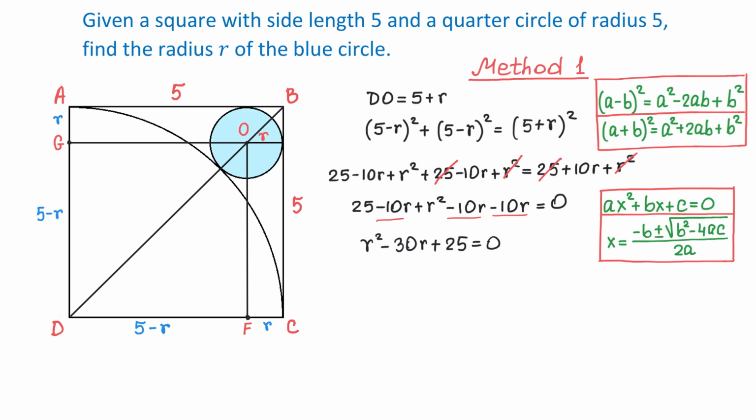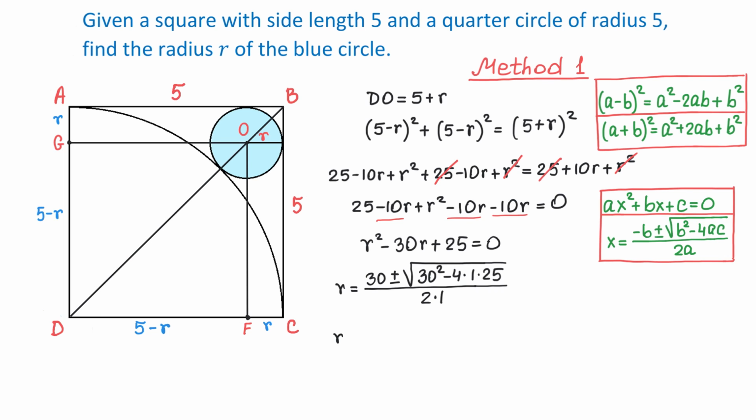Then according to this formula, r equals 30 plus or minus square root of 30 squared minus 4 times 1 times 25 all over 2 times 1. Inside the square root, 30 squared is 900, and 4 times 25 is 100, and 900 minus 100 is 800.